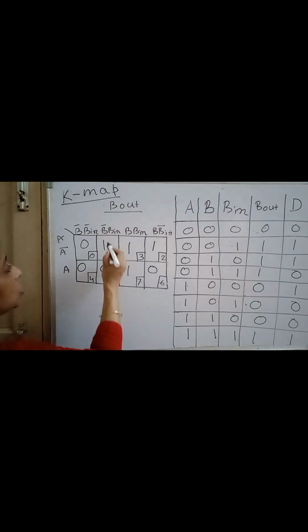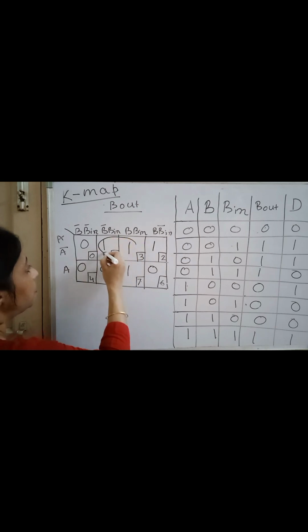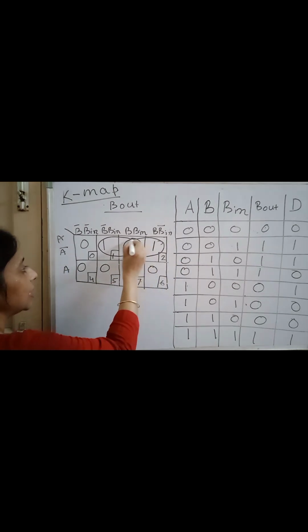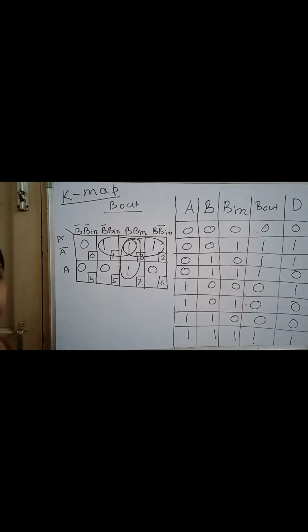So, see, these 2 ones can be in a group, right? Again, these 2 ones can be in a group. Again, these 2 ones can be in a group, right? Now, what will be the expression for this group?